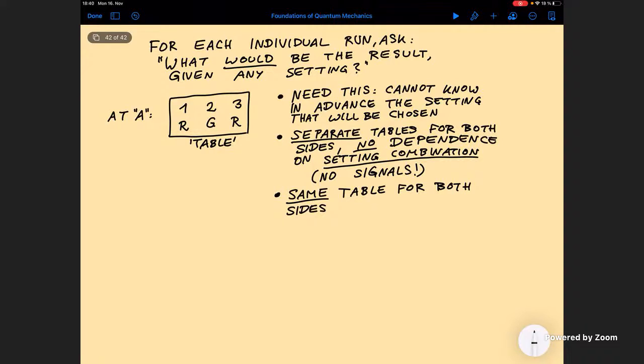So we said when it's the same setting, you should get the same color. In other words, if these tables would be different, even in only one of the 3 slots, then we would have a contradiction. Because then, for example, if they're both different in slot number 3, if I get a red at A and a green at B, then if you happen to choose 3, and you happen to have this object flying towards the station A and station B, then you would get a contradiction. You would have the same setting, but have different colors. That was not allowed.